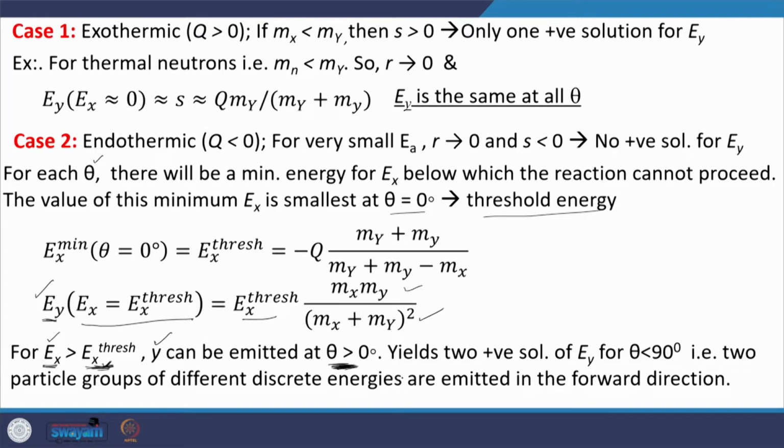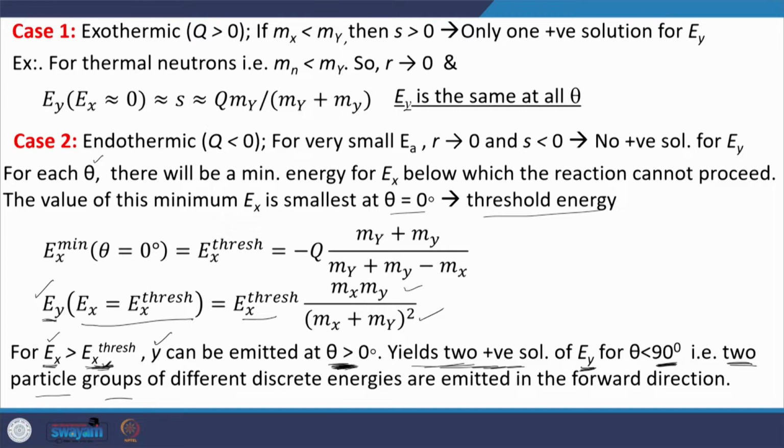Now, in this particular case, the expressions of R and S yield two positive solutions for Ey. The theta value is greater than 0, but I am confining to less than 90 degrees. You can see that instead of one energy of the ejectiles, there will be two groups of different energies.